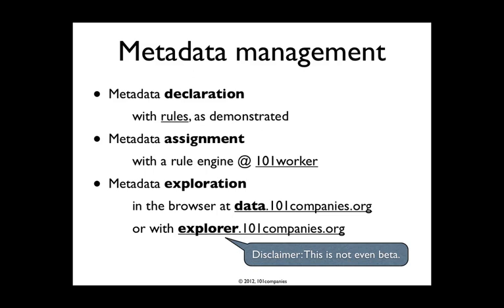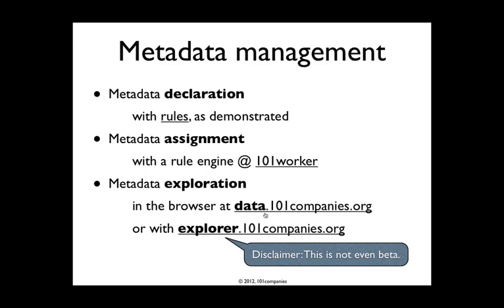So now, of course, these rules have to be properly executed on the files in a repository. So we have a rule engine that is part of the 101worker infrastructure. Basically, these rules are continuously, every hour or so, applied to the repository. And then the matches are exposed, right? So we can actually explore the matches.